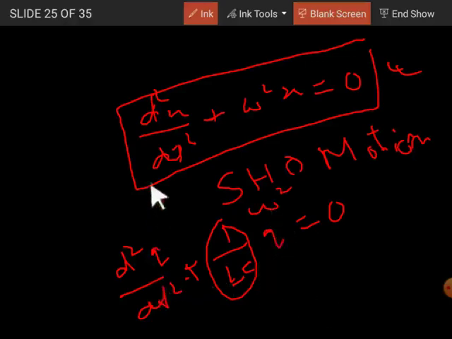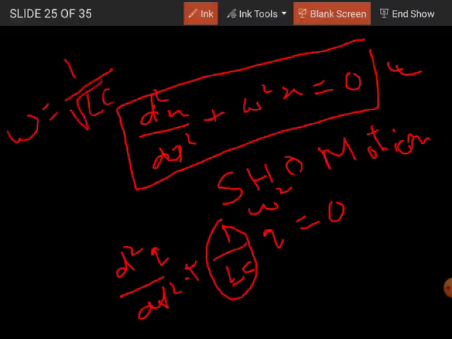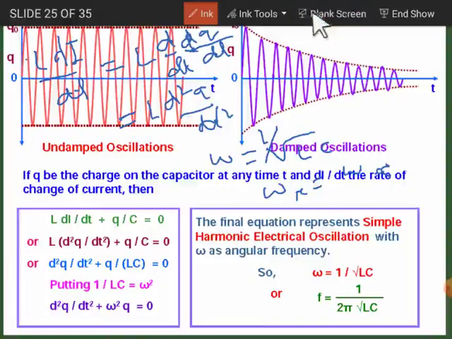So this is of the form of this one, right? So your angular frequency omega will be equal to 1 by root over of LC, like this. Clear? That is what we are having here. So this is of the form of simple harmonic equation, and this will represent what is called undamped oscillation.